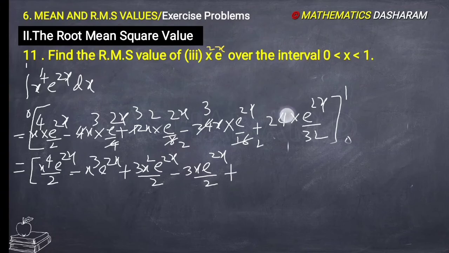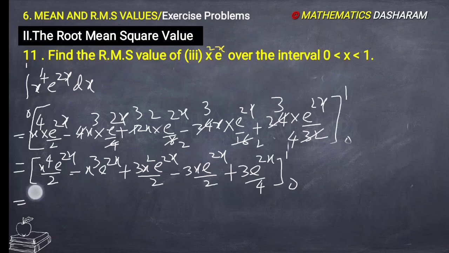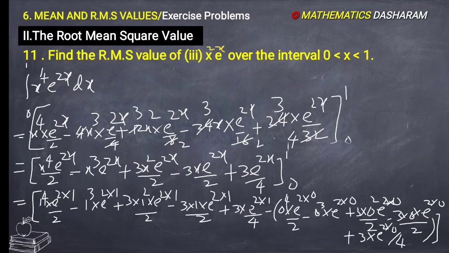Next 8 3s are 24, 8 4s are 32, 3 into e power 2x divided by 4, from 0 to 1. Now substitute the upper and lower limits. So let us simplify.